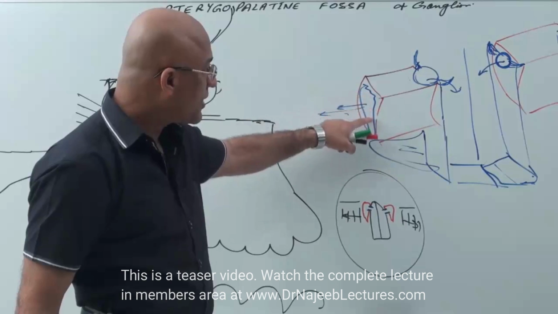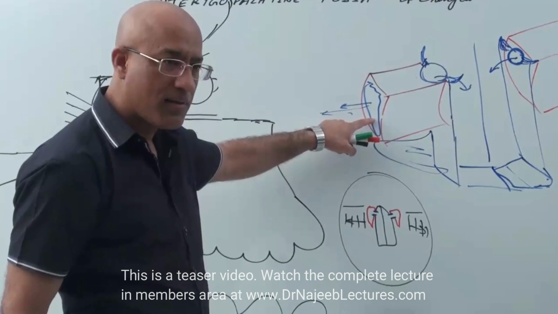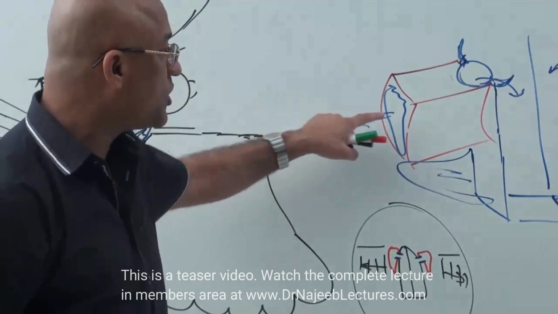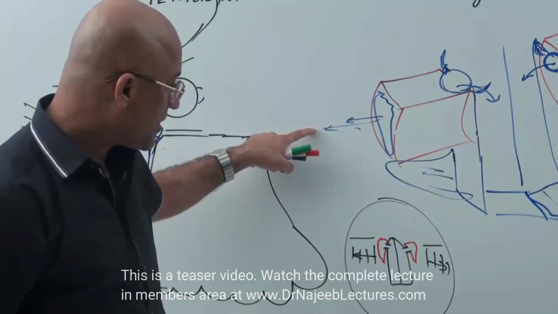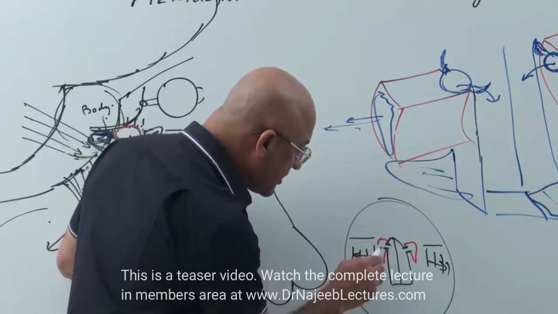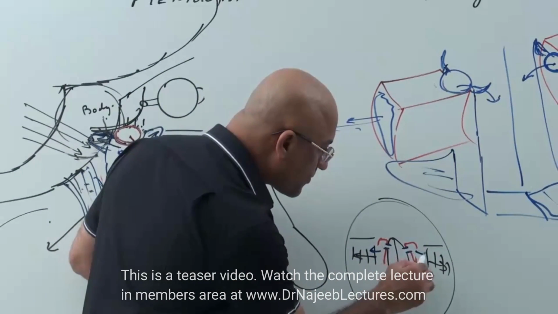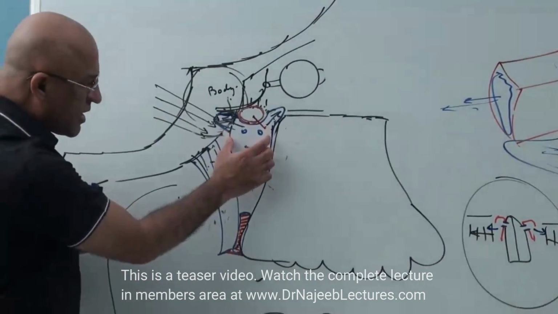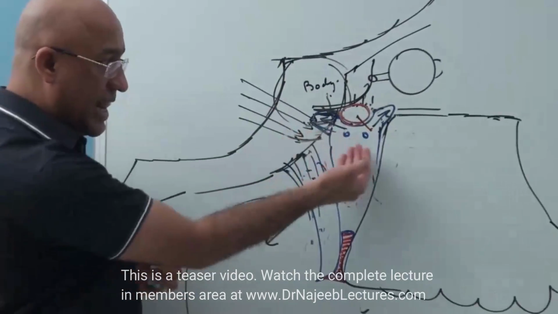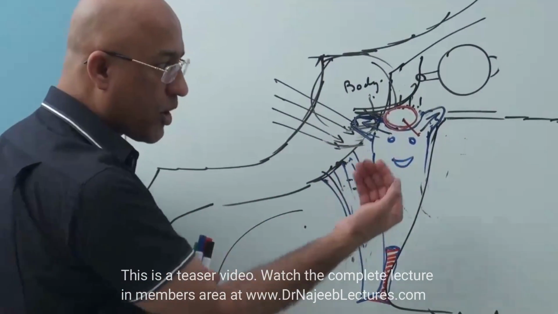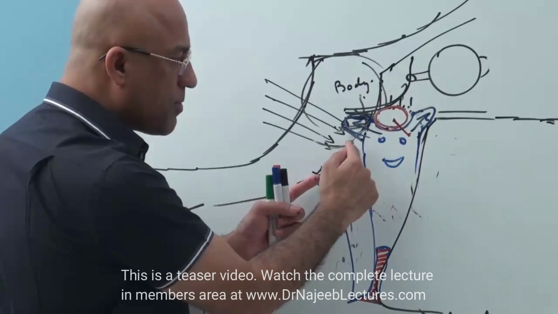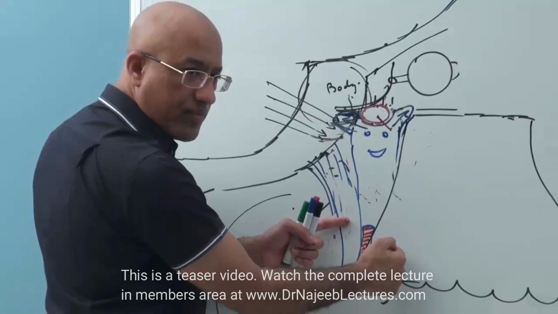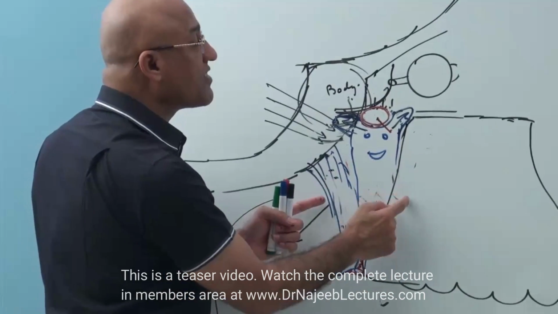This open crack or fissure on the lateral side of the pterygopalatine fossa is open to the infratemporal fossa. Now, this area which opens laterally into the infratemporal fossa is bounded posteriorly by the pterygoid process and anteriorly by the maxilla. So it's called the pterygomaxillary fissure.